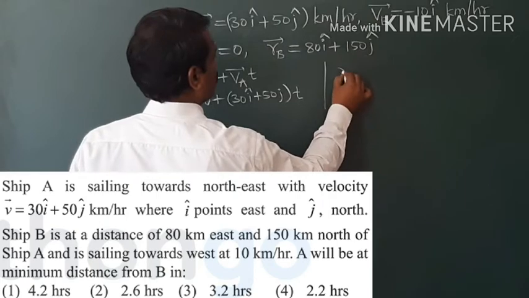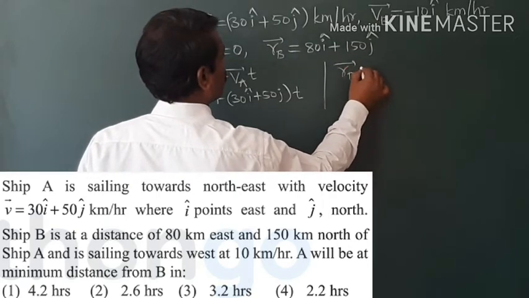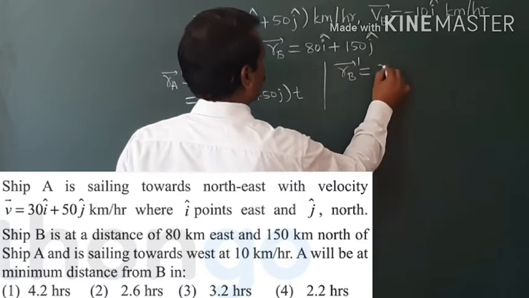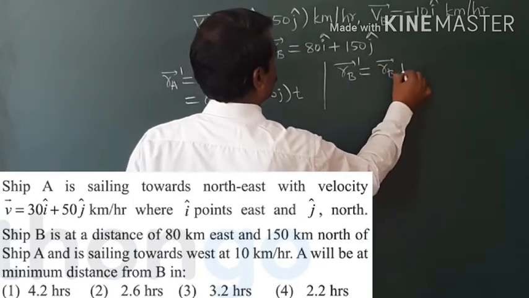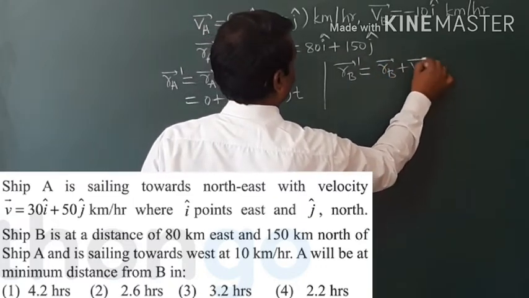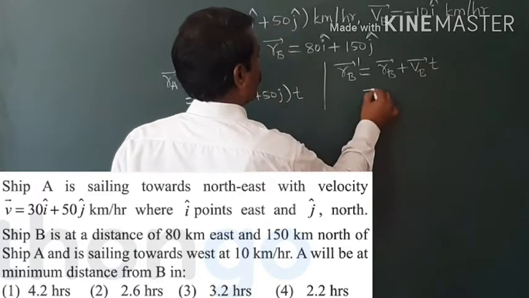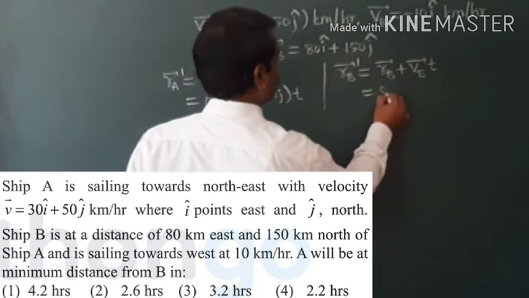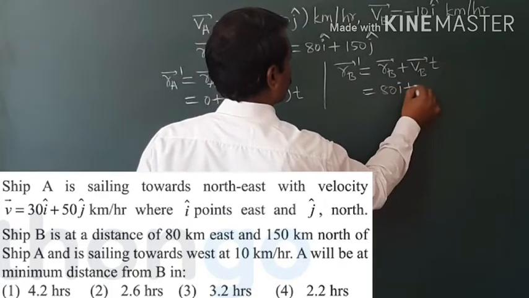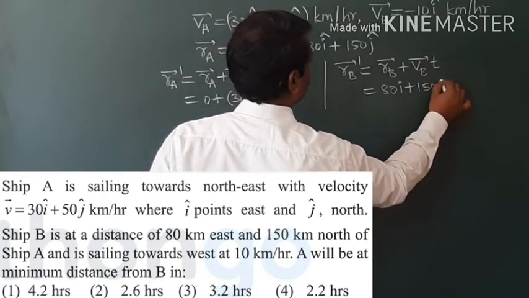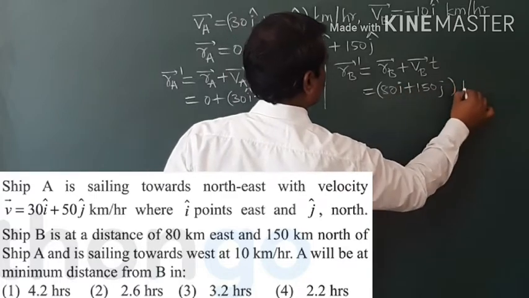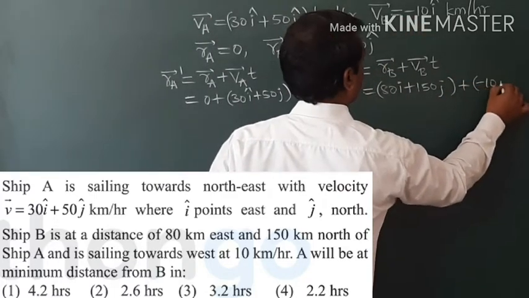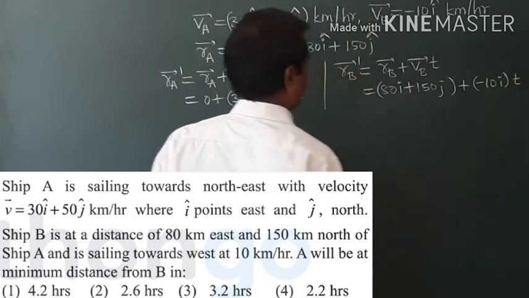Similarly, after t seconds, ship B will be at RB dash, which is equal to RB plus VB into t. Here RB is the present position of the ship, 80i plus 150j, plus VB t. VB is minus 10i into t.